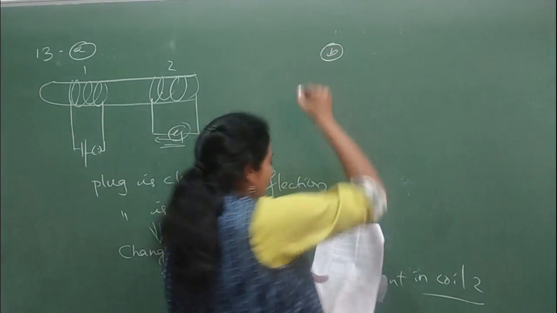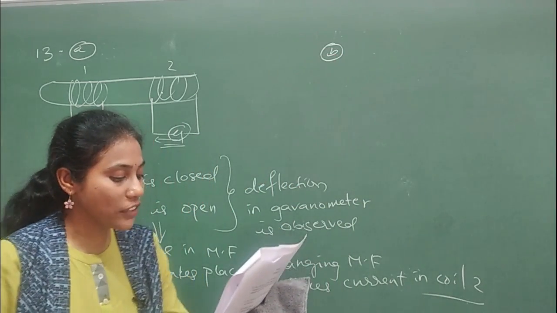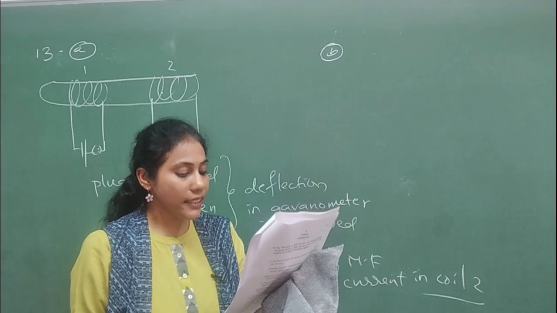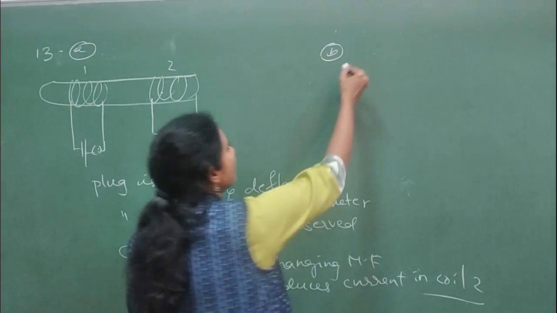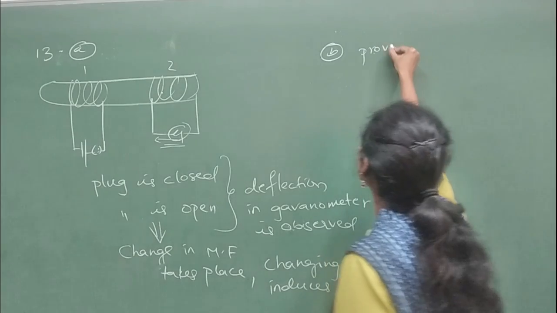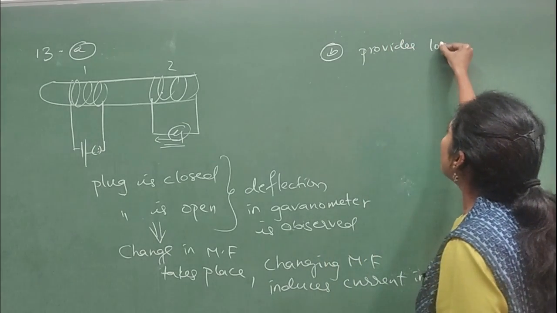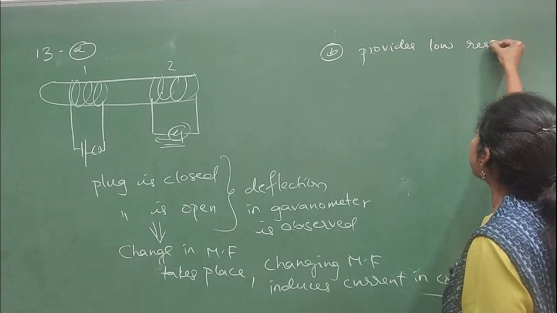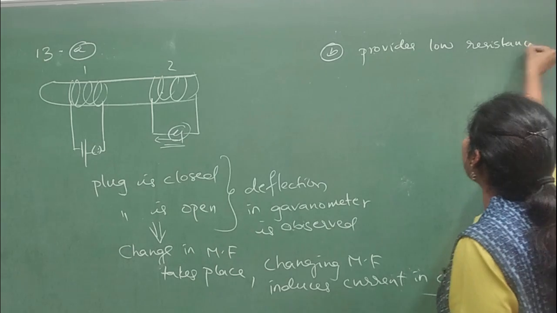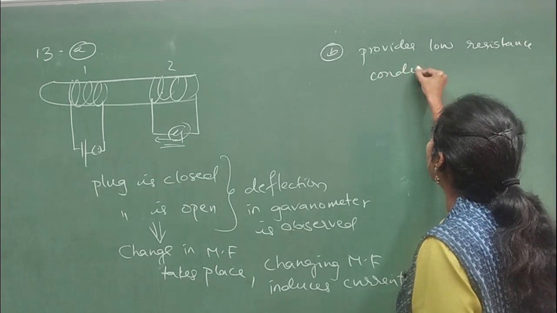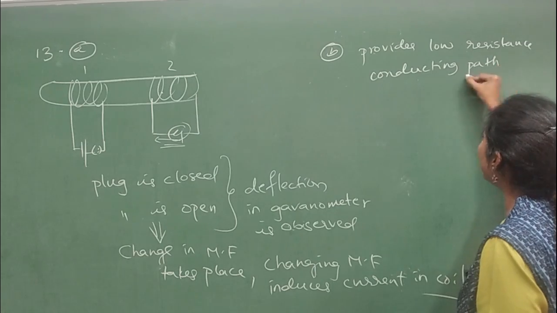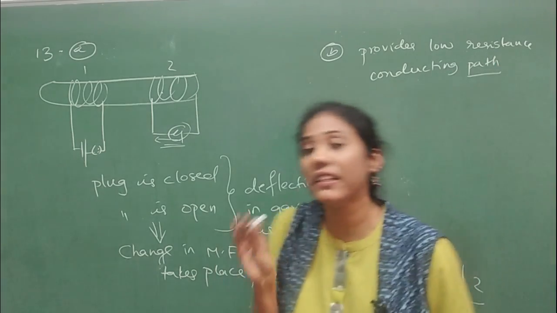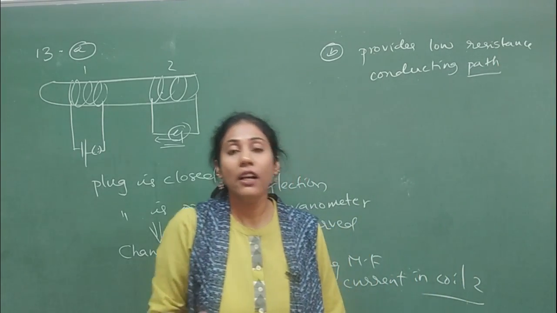Question B, very simple. Write the functions of following: earthing wire and electric fuse. So earthing wire actually provides a low resistance conducting path. Whenever an electric current is leaked on a metallic body, what happens?